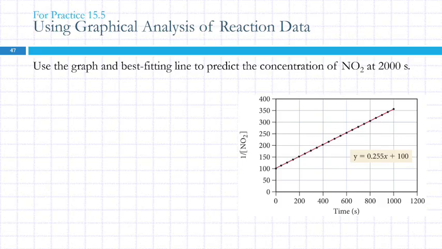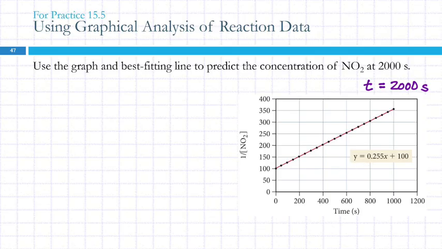So continuing with that problem, use the graph and best fitting line to predict the concentration of NO2 at 200 seconds. So T is 200. Sorry, 2,000 seconds. Well, this is our equation for the line.